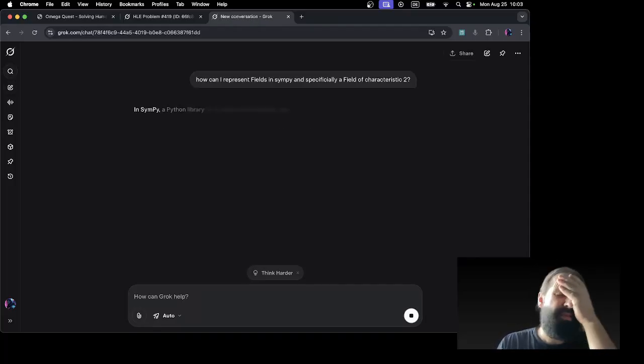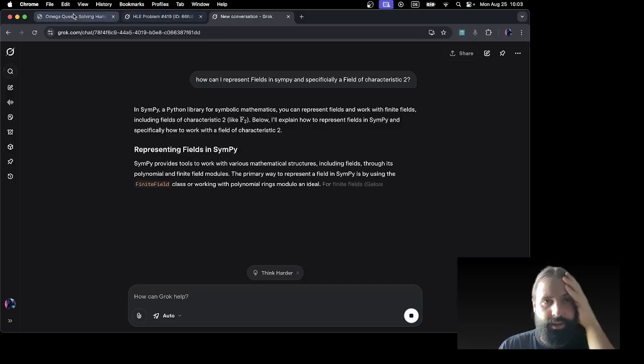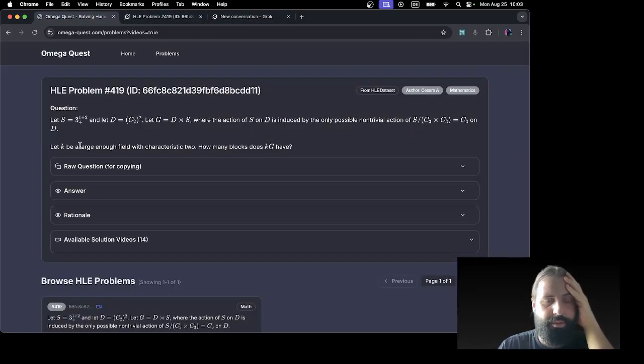And also, what does it mean that it's large enough? This doesn't sound very mathy. Large enough field with characteristic 2. I guess large enough to have a block at all, or whatever that is, right?